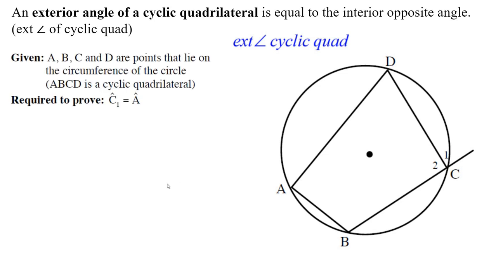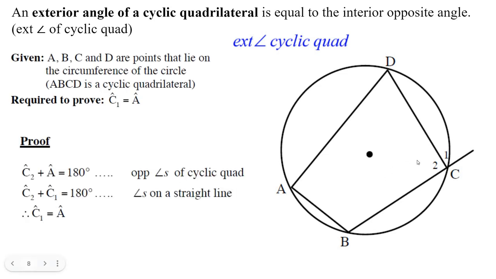The proof is actually pretty darn simple. How do you know it? Well, you know that C2 plus A is 180 degrees. Well, that's opposite angles of a cyclic quad. But we know C1 plus C2 is 180 degrees because of angles in a straight line.